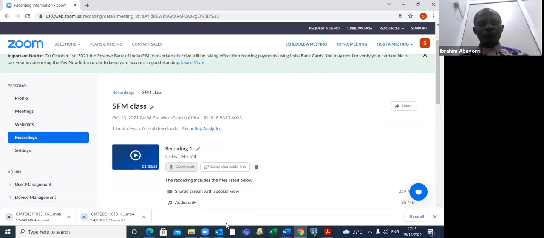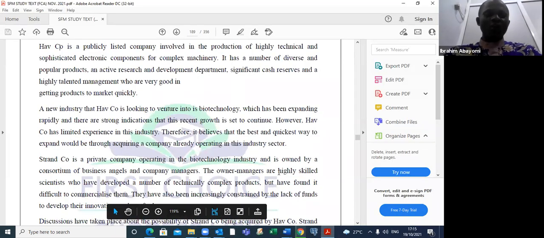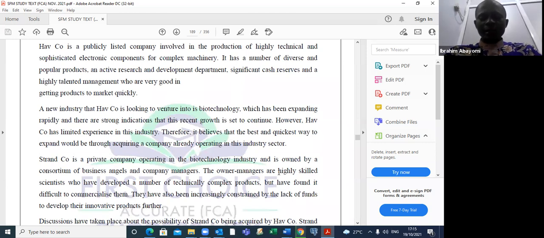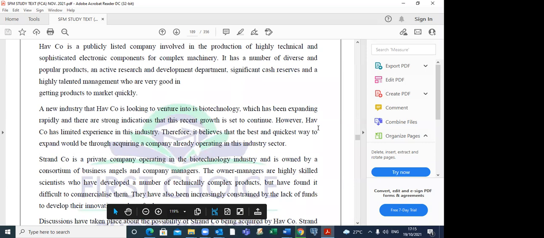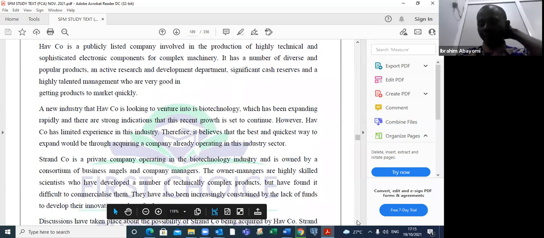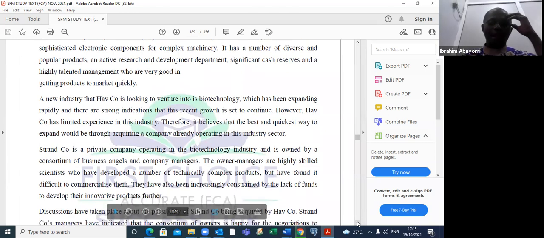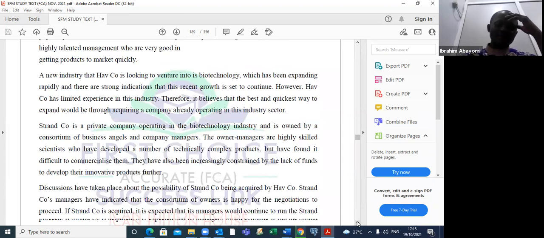Okay. So let us continue. We have discussed the concept of option pricing in our last class, and I believe we have gone through the notes. Now let's go to requirement 3, because that's where we are going to apply that concept.